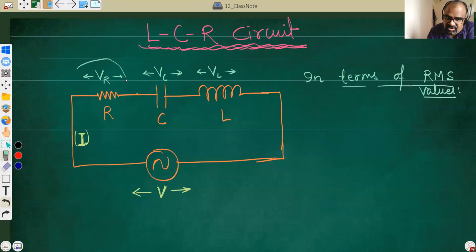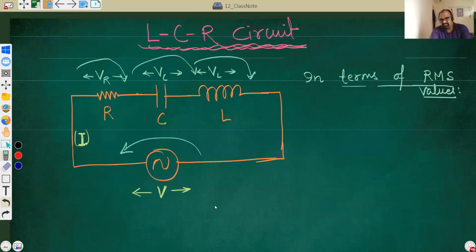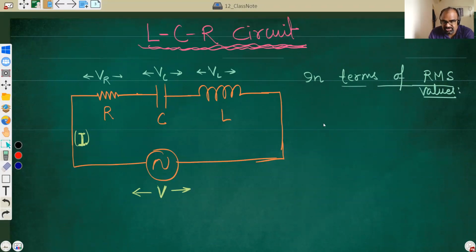can we say this voltage drop plus this voltage drop plus this voltage drop is equal to this voltage gain? No, sir. So we can't say that. VR plus VL plus VC is equal to V is not true, because these are RMS values, which are basically a type of average.